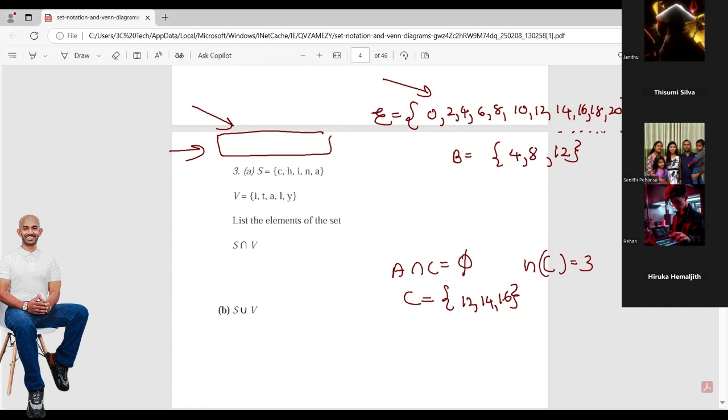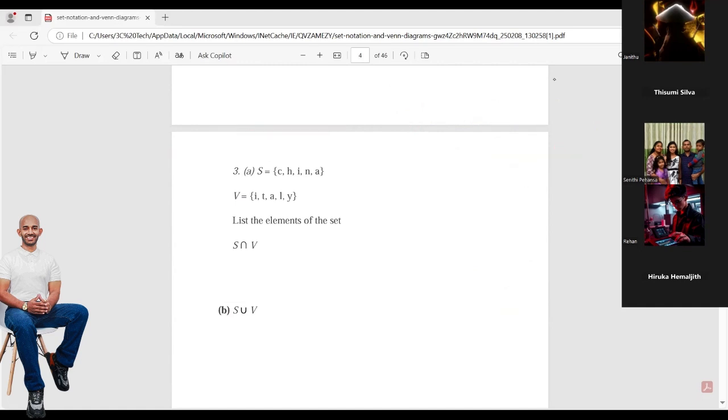So the next question. The set S contains the letters of CHINA as elements. Set V contains the letters of ITALY.